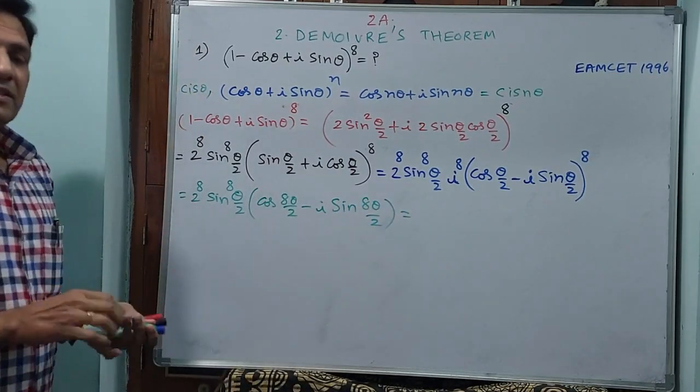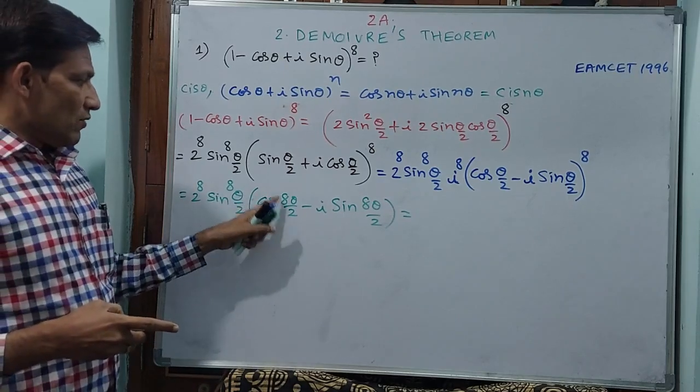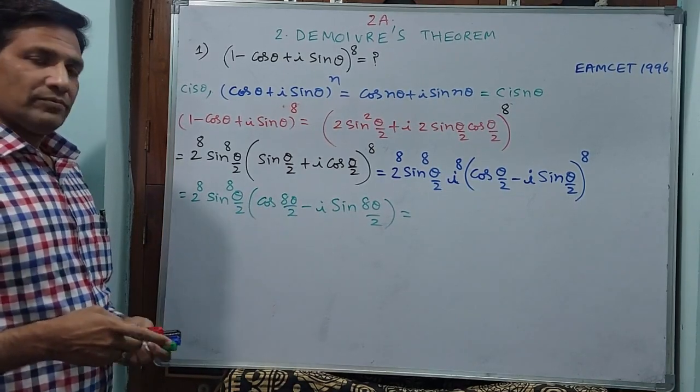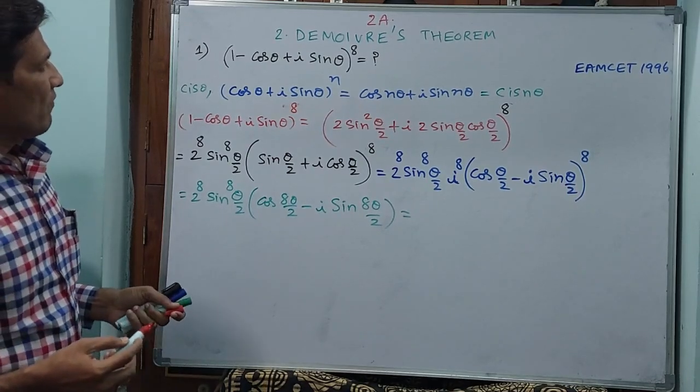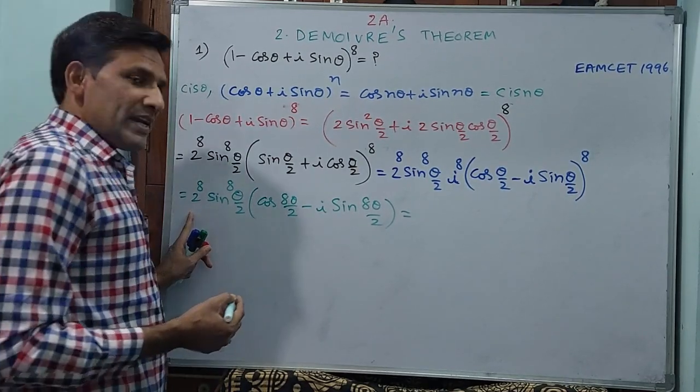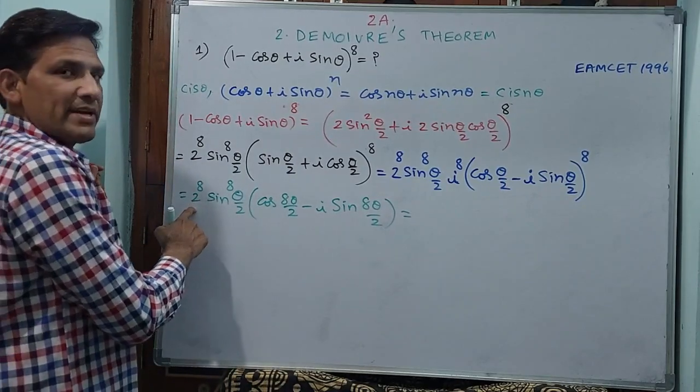You understand this? Okay, now you see, 4 times it goes: 4 theta, sine 4 theta. Then you finalize now. 2 power 8 is 256.